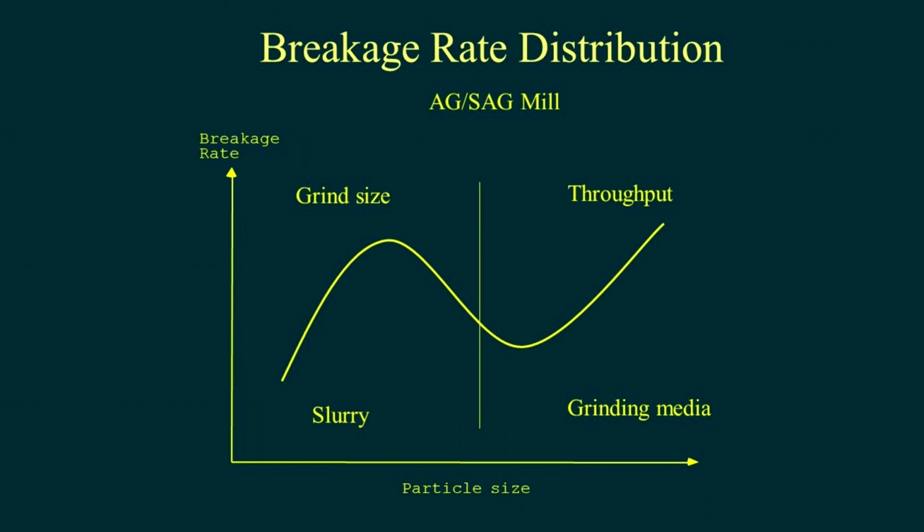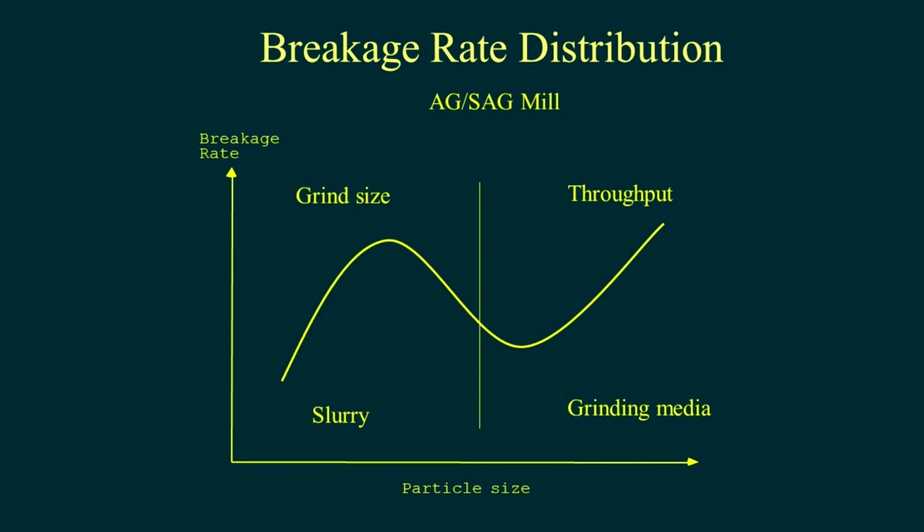So if you can put your mind into an AG and a SAG mill, you can see where those balls are hitting a particle and breaking it. It's the number of those per hour or per unit time that are happening. That's what the breakage rate is. And it varies with particle size. Particle size is on the x-axis and the breakage rate is on the y-axis. This fully developed curve here is what we see just about in every single AG and SAG mill.